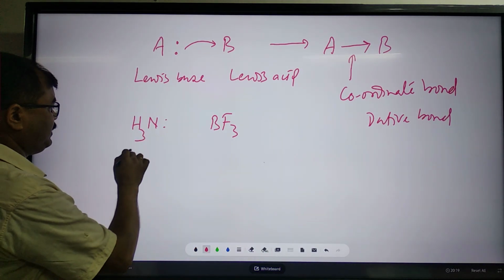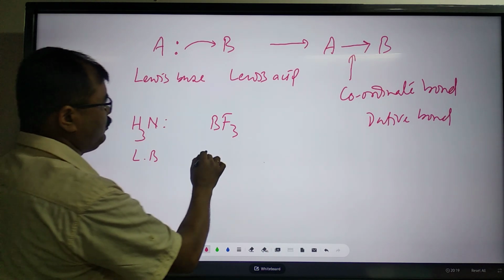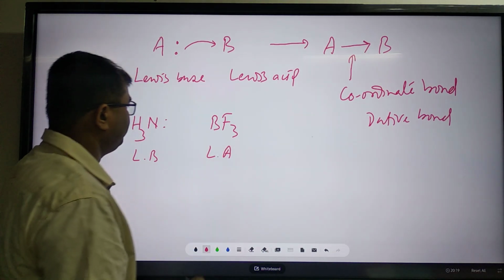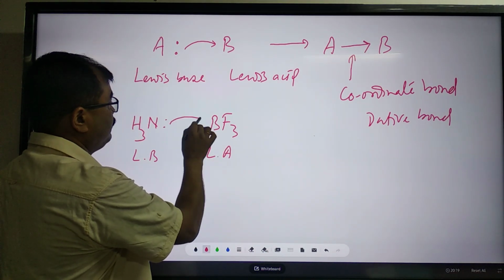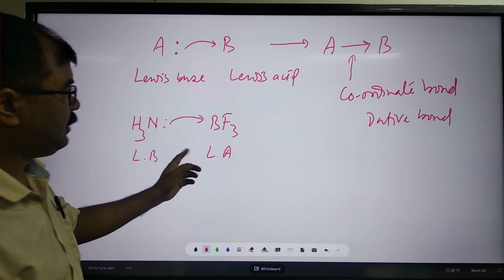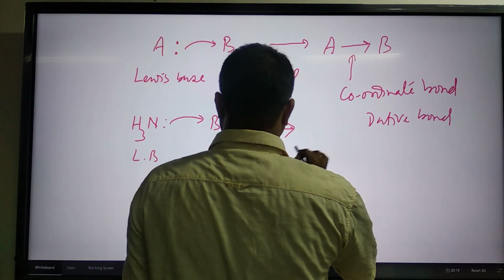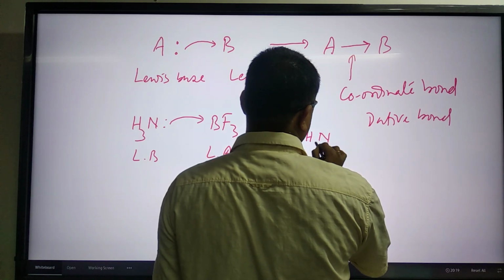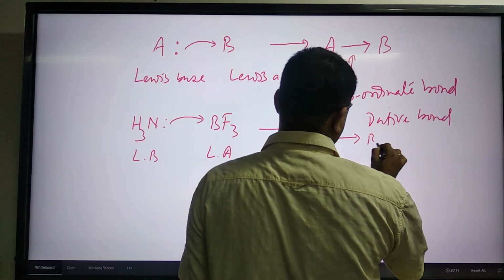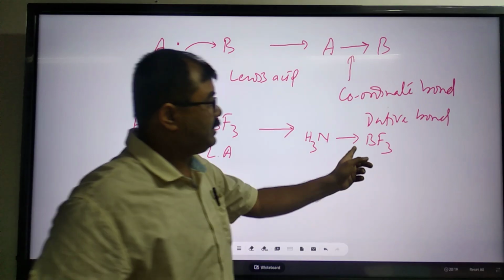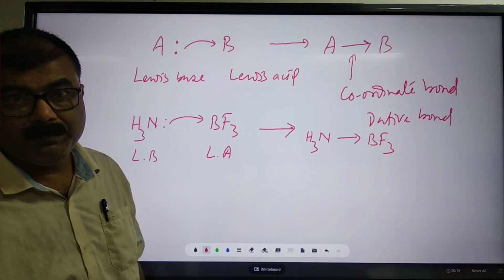Which one is the Lewis base? This is the Lewis base. This is what? Lewis acid. So it will donate one pair of electrons. So this is a coordinate bond or dative bond.